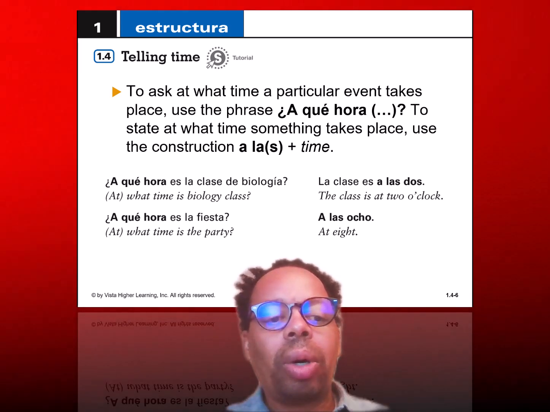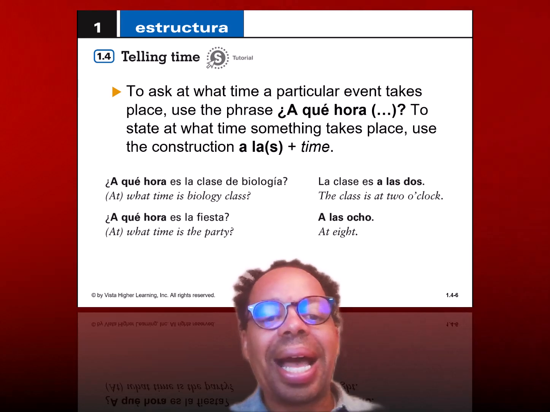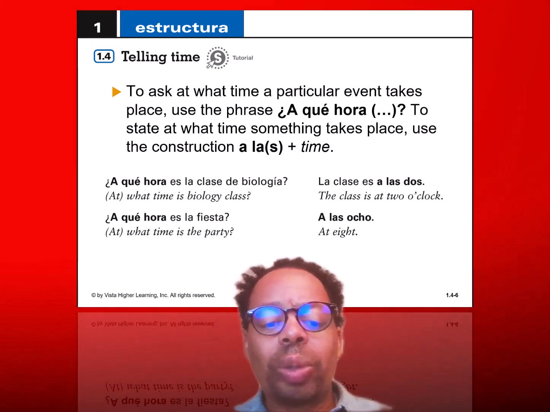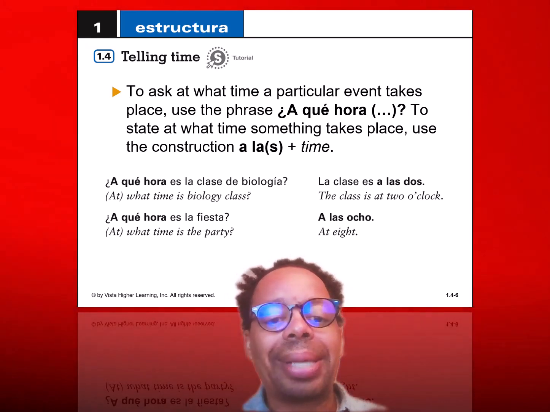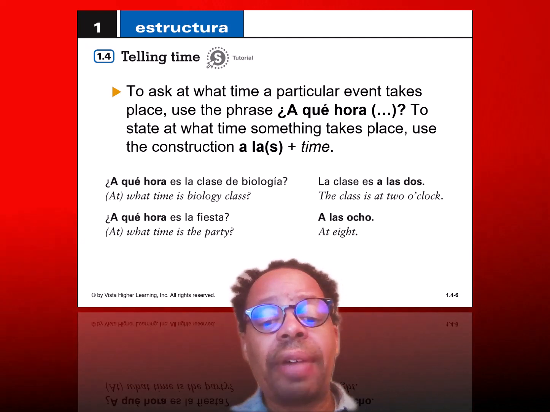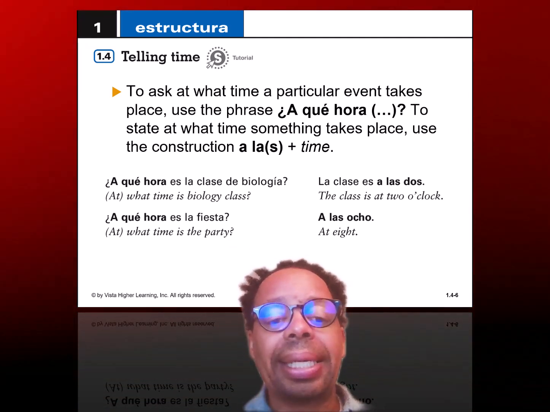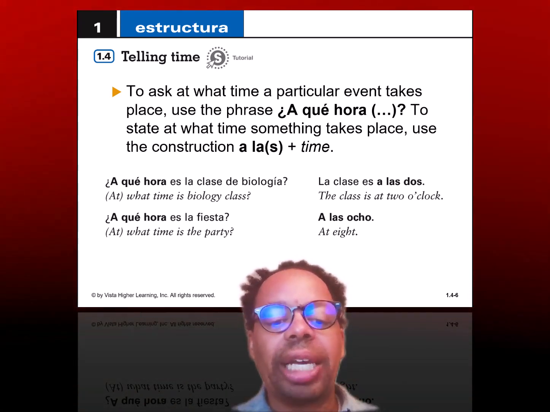Or ¿a qué hora es la fiesta? A las 8. You may notice in this one they left off the verb es, but we understand that we're talking about a time, so they have the option to leave it off in this case. In the previous cases where we're asking the current time, you cannot do that. But in this case, you can.